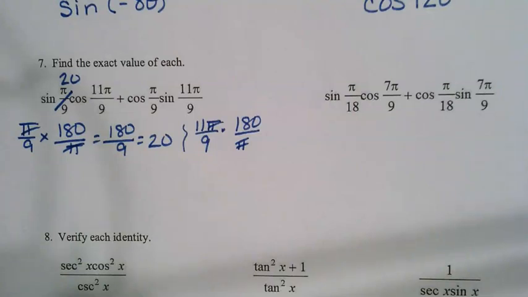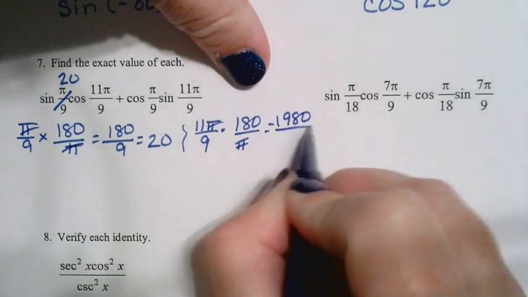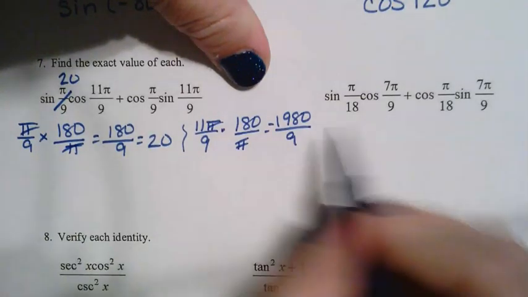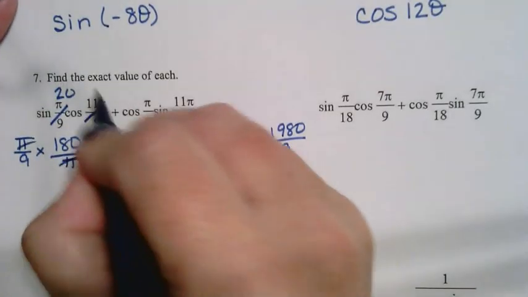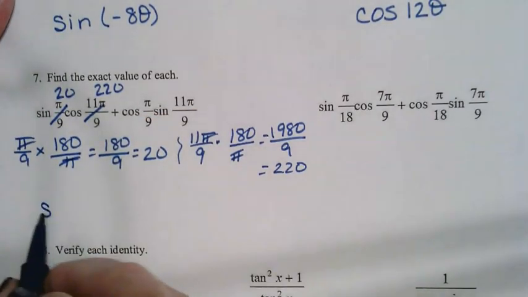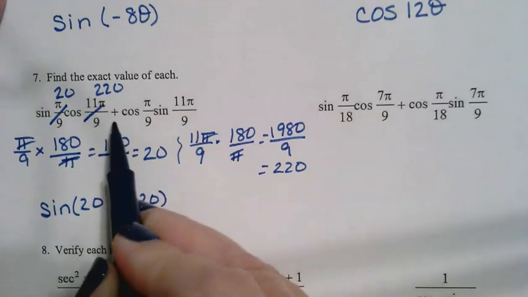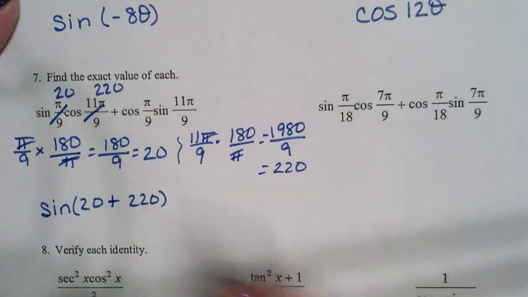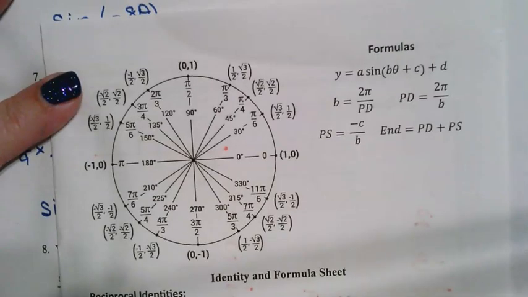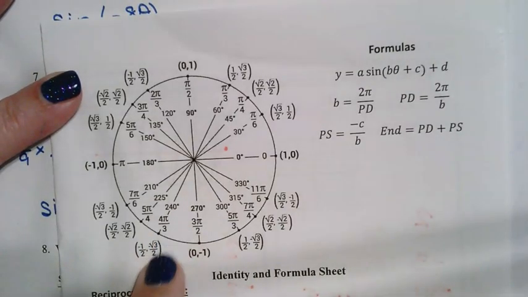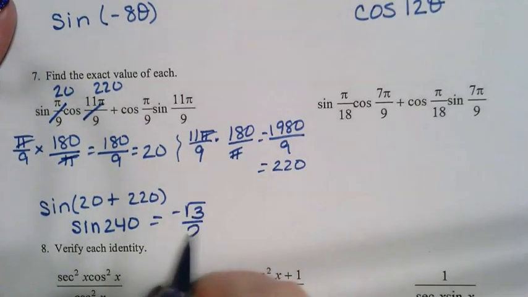So 11 times 180, 1980, divided by 9 is 220. Okay, 220. So this is sine. I'm going to do a 20 and 220. It's a plus sign, so we get a plus. So this is sine of 240 degrees, and 240 degrees is right here. Sine is just negative square root 3 over 2.